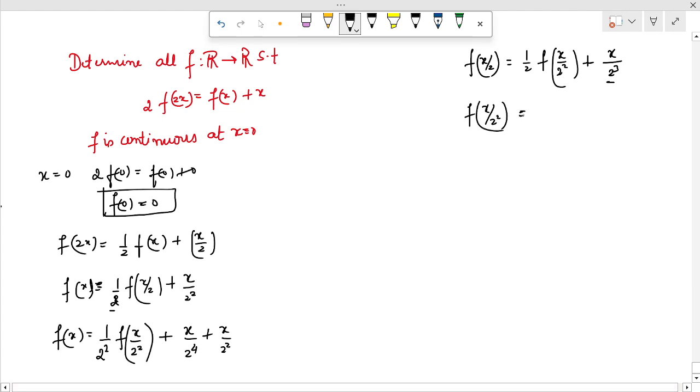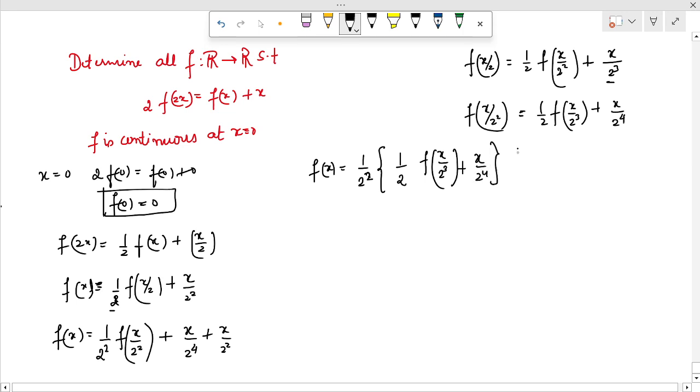If I replace x by x upon 2 here, I'll get 1 upon 2 f of x upon 2 cube, and x upon 2 raised to power 4 for the x term. So f of x will now be 1 upon 2 square, which is already there, times 1 upon 2 f of x upon 2 cube plus x upon 2 raised to power 4, plus x upon 2 raised to power 2.